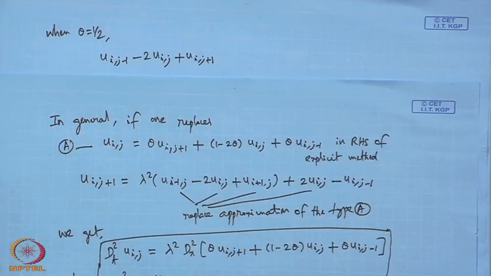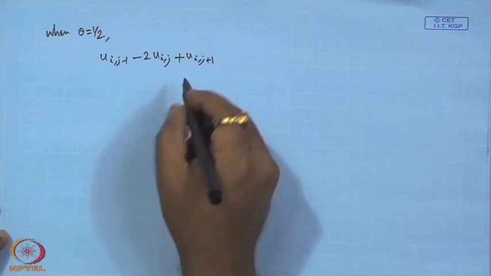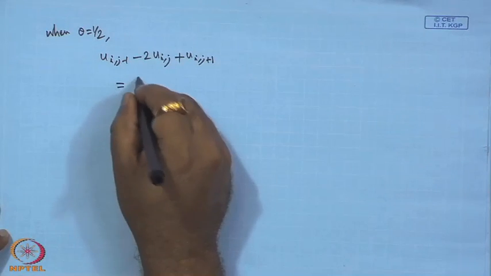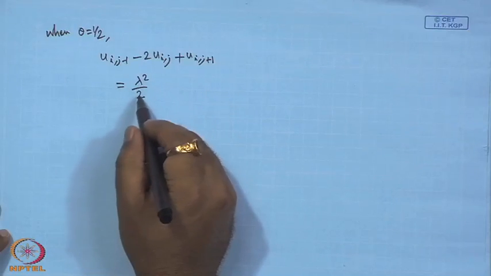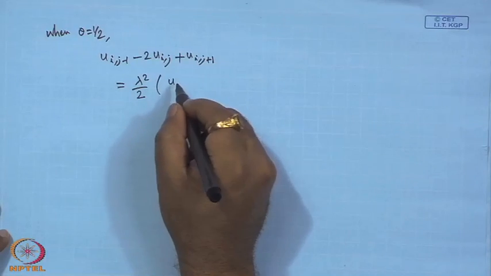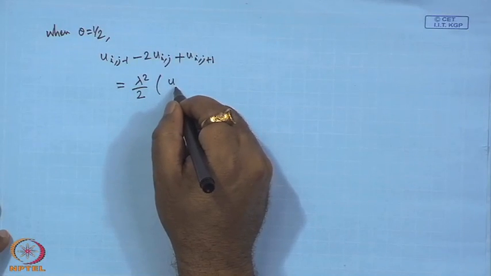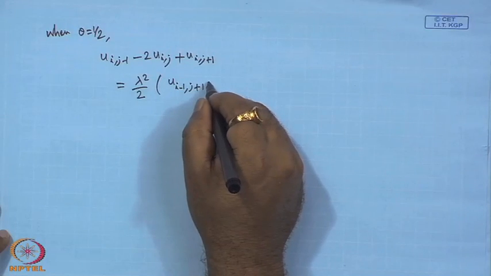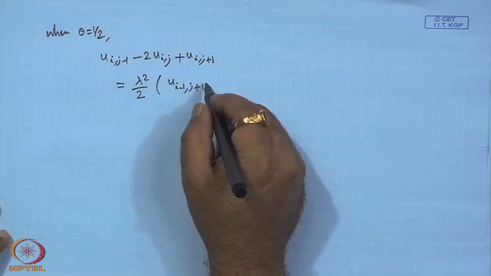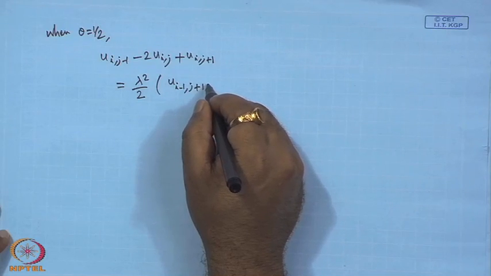Okay. Now, when theta is half, this term goes off and we get these two. Okay. So, let us simplify. So, this is equals to lambda square by 2, because theta is half. So, that comes out, then d 2 x operating on I minus 1 and I plus 1.